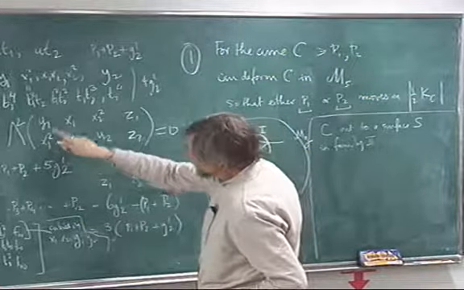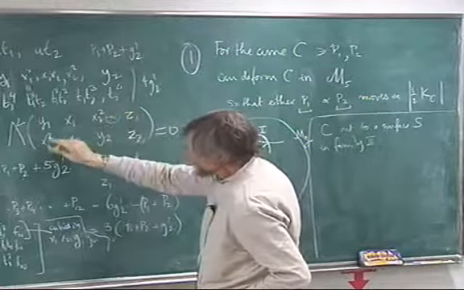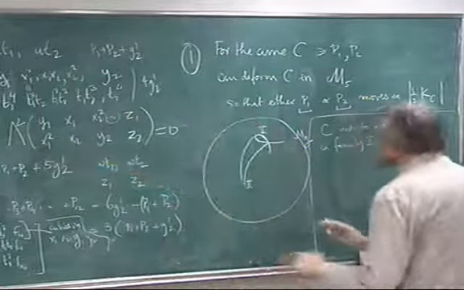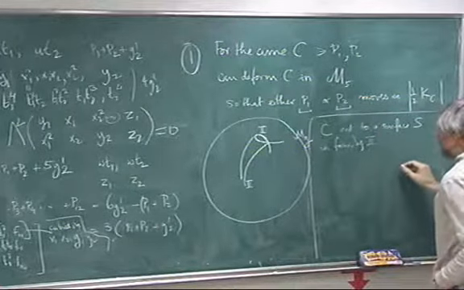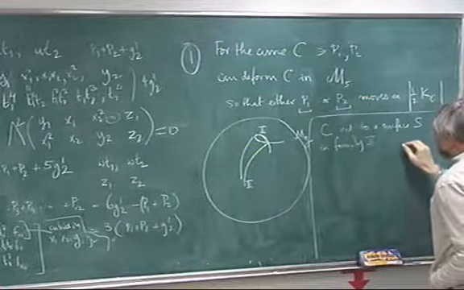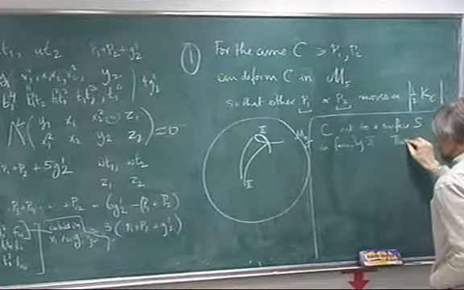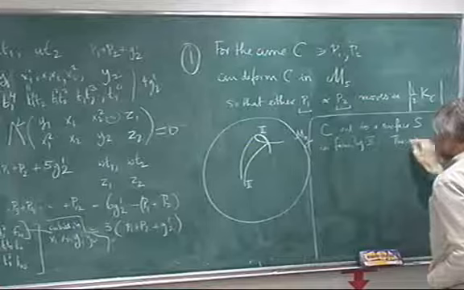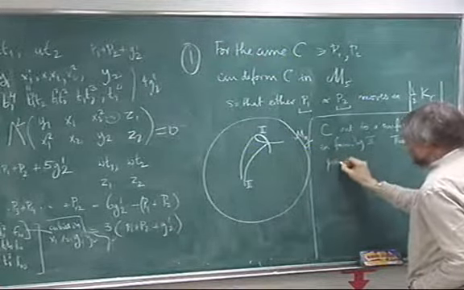If I move this one to be plus x naught there, then I can do it. So this can be done. This is unobstructed. This is practically unobstructed.